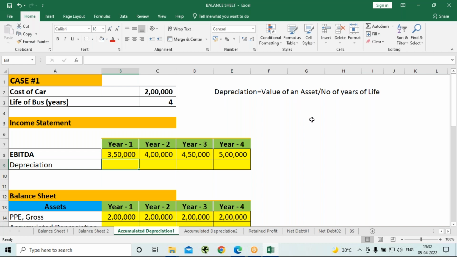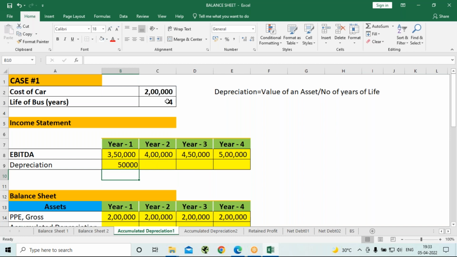By using this formula we are going to calculate this, and this EBITDA is there in the income statement. The calculation of depreciation in the income statement will be different compared to the balance sheet. It will be equal to the cost of the car divided by the lifespan of the asset.